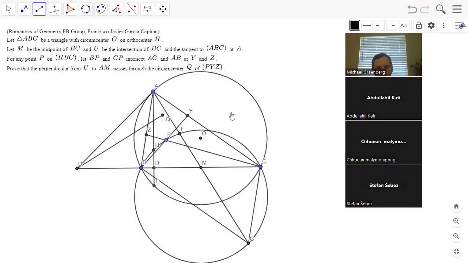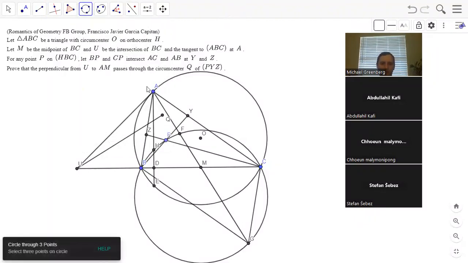So AYP equals YPG, which is PBG, which is PFA. And so then you show this is cyclic. Makes sense?